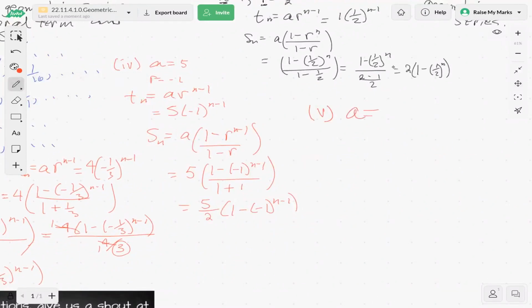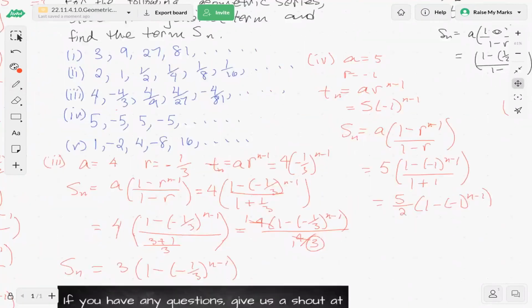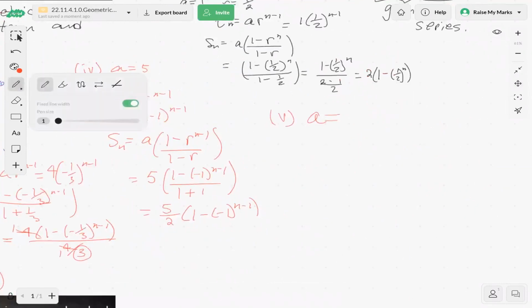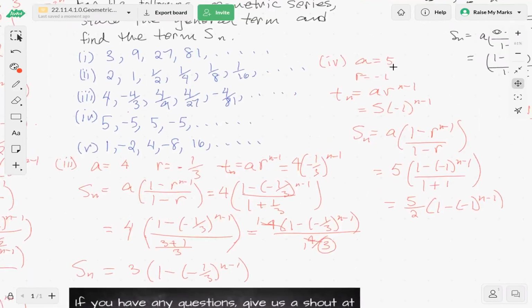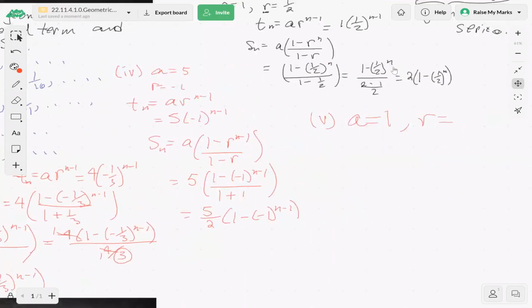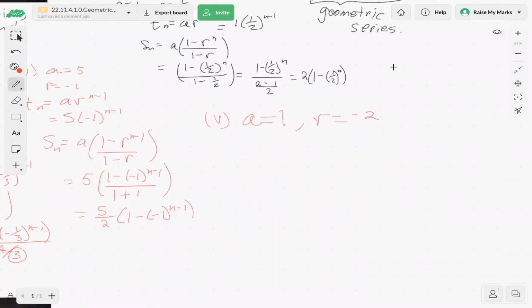So A equals 1. Our R equals, let's have a look. Well, we're going up by 2's, but not quite. -2. So R is -2.